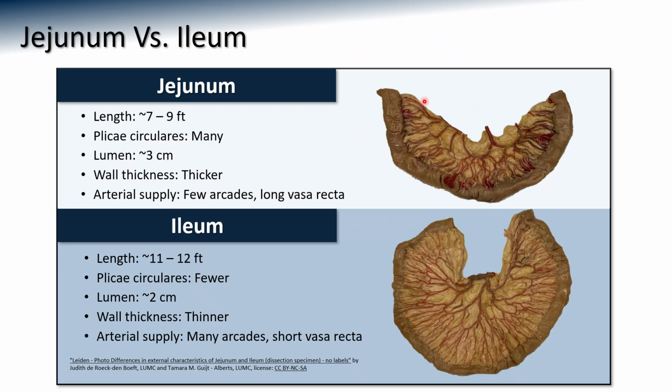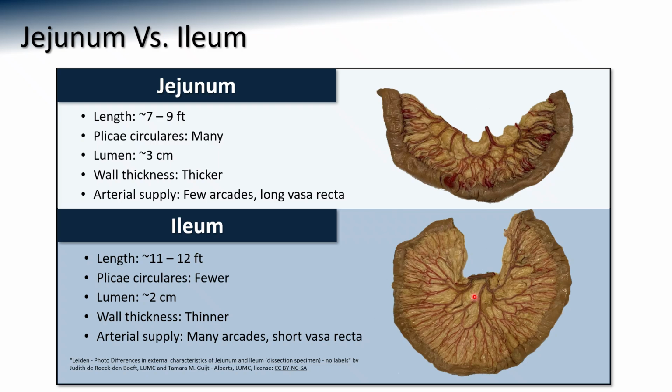So the reason I'm including this is because surgeons will often shine a flashlight on these to see which part of the small intestine they're looking at. They have few arcades, so arcades are these loopy parts, and they have long vasa recta, or these branches that come down and specifically serve the jejunum walls.